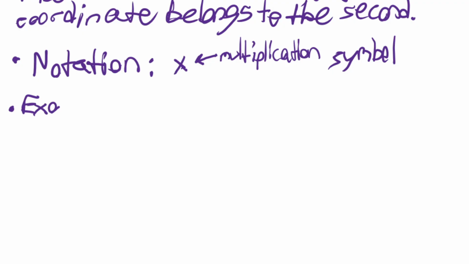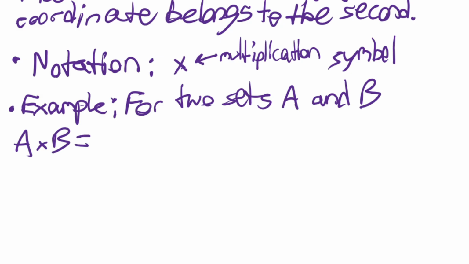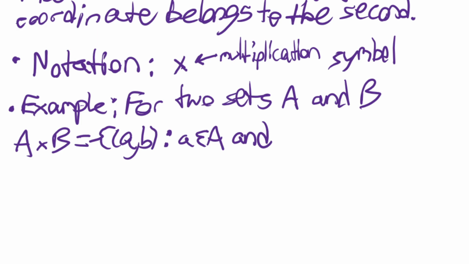So an example will be for two sets A and B, A cross B is equal to the set of the ordered pair a and b, where a is an element of A and b is an element of B. Another example.